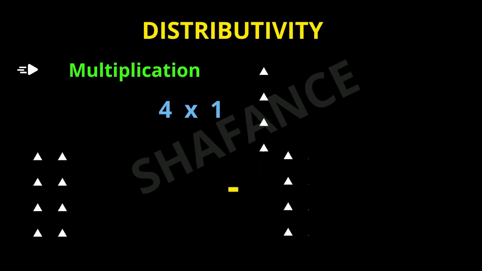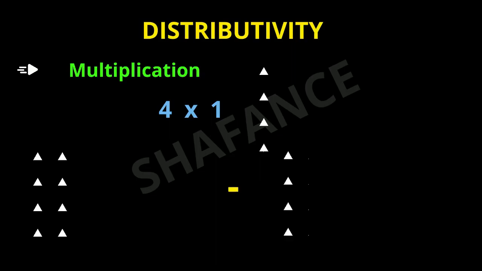We have already seen the distributivity of multiplication over addition. Now, what if we have a subtraction sign inside the bracket? Whether the multiplication will get distributed or not, let us see. So we will take 4 triangles, and this can be represented as 4 multiplied by 1. Now, these 4 triangles can also be written as 8 triangles minus 4 triangles.